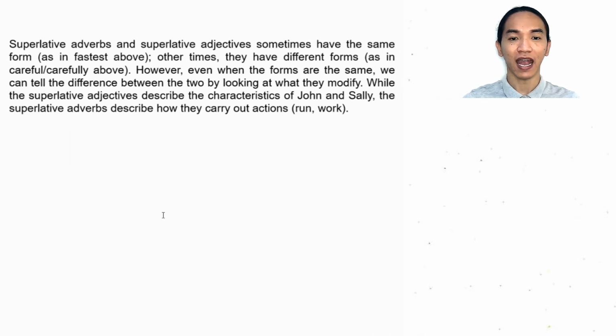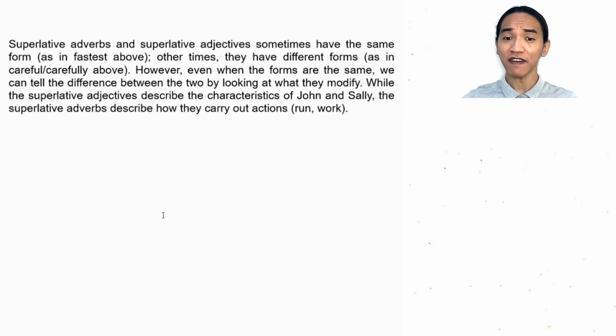Okay? Now, superlative adverbs and superlative adjectives sometimes have the same form. Okay? They may have the same form, most especially if we are talking about the adjectives or the adverbs that do not change their form at all. Okay? However, even when the forms are the same, we can tell the difference between the two by looking at what they modify.